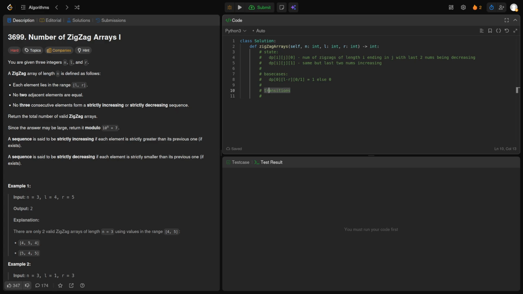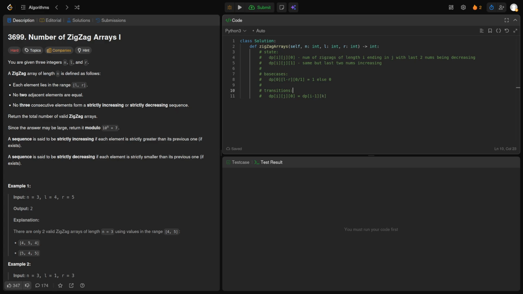Okay, for transitions, we are at some dp[i][j][0], and we pretend we want to go down. So if it's 0, then j is less than the previous number.